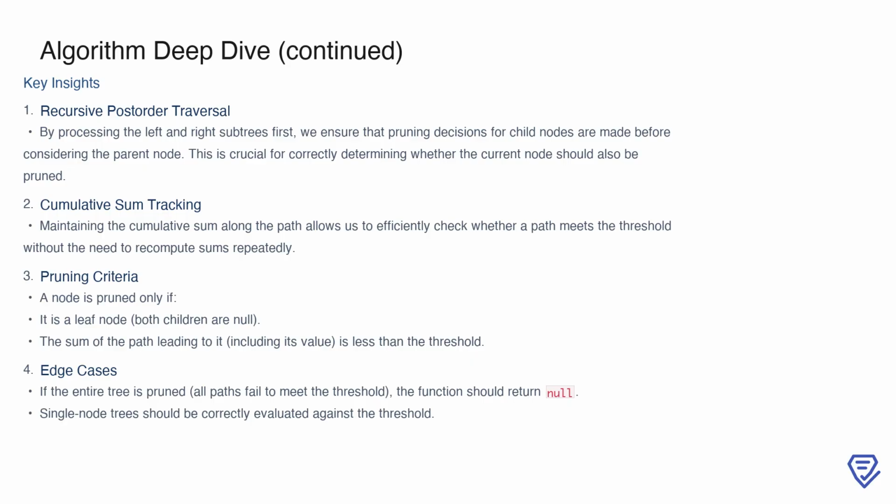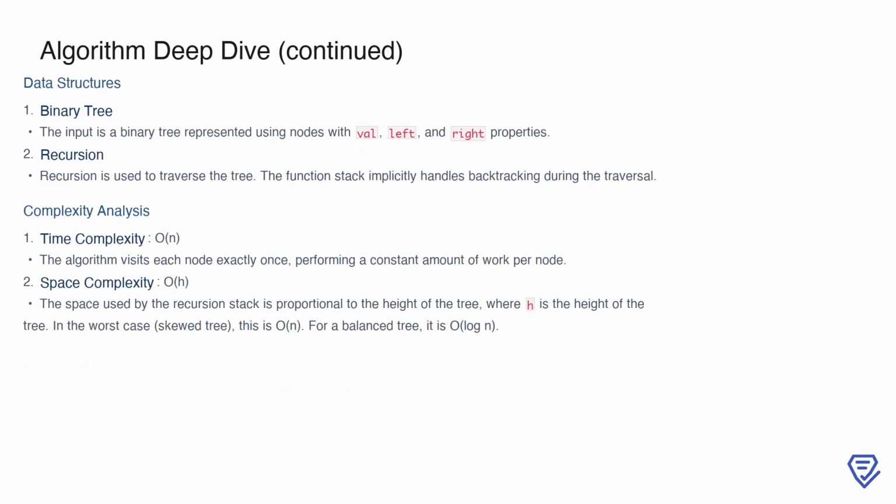Finally, we need to handle edge cases carefully. If all paths in the tree fail to meet the threshold, the entire tree will be pruned, and the function should return null. Additionally, single-node trees must be evaluated correctly based on the threshold. To implement this algorithm, we rely on the binary tree structure, where each node has val, left, and right properties. Recursion is our primary tool for traversing the tree, as it allows us to explore paths and backtrack naturally using the function call stack.